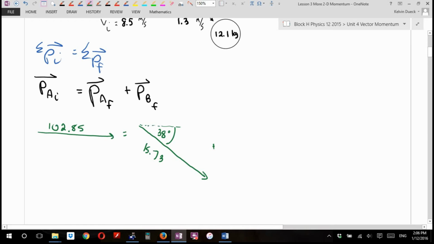Now, I don't know exactly what object B looks like, but based on the picture, I can guess that it looks something like that. And this is going to be the mystery momentum of object B final. I know its mass, but not its velocity.